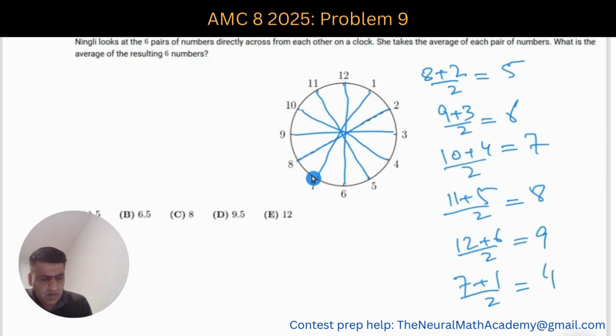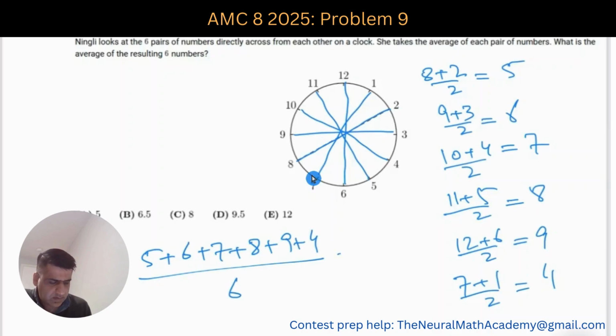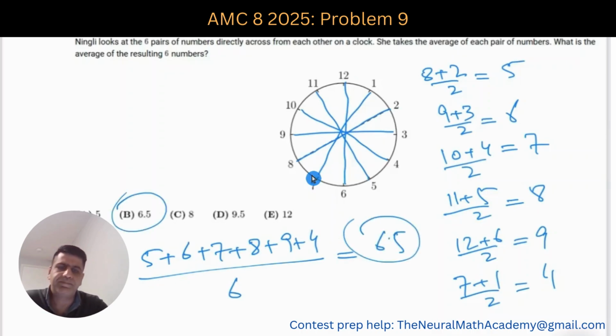And 4. So now what we will do, we will take the average of these 6 numbers. So that is then 5 plus 6 plus 7 plus 8 plus 9 plus 4 over 6, and that is equal to 6.5. So the answer is B.